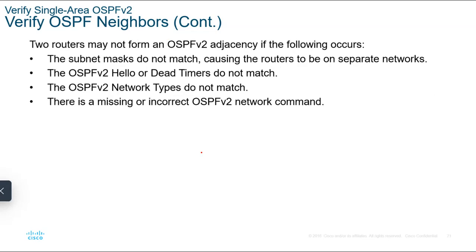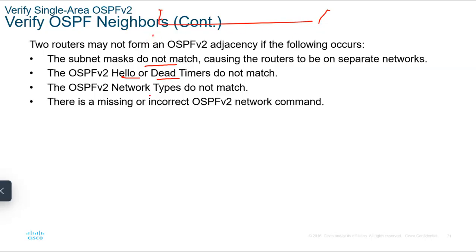Then verify OSPF neighbor. These two routers may not form the OSPF adjacency if the following occurs: the subnet masks do not match. If the subnet mask here is not the same as this side, then the adjacency fails. Also, if the hello and dead timers do not match on both sides.